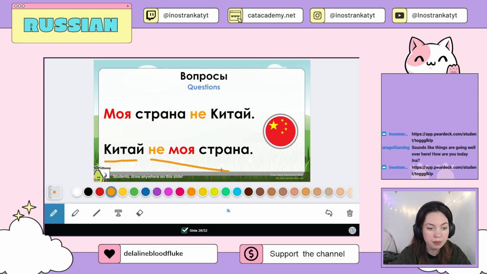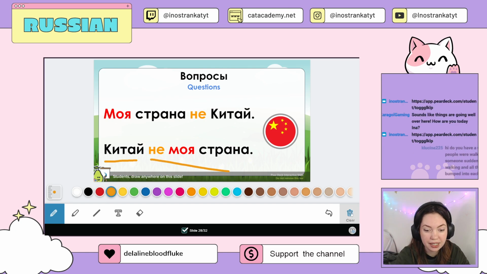So here maybe the falling tone is not as expressive as in other sentences. When we have longer sentences, it's more difficult to really show the falling tone, but it's still fine. Китай не моя страна. Китай is China, as the flag is.